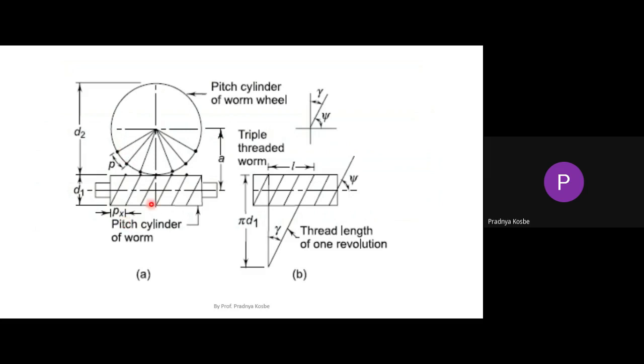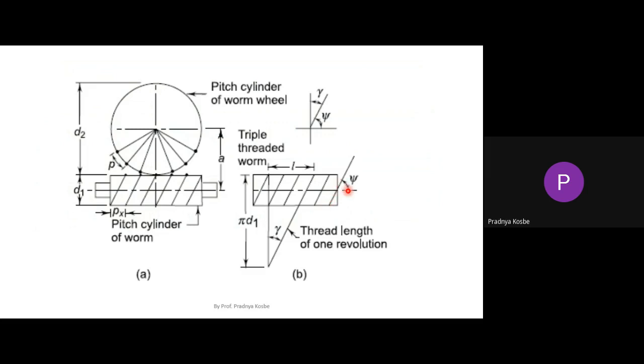In this figure, this is the worm and this is the worm wheel, where D1 is the pitch circle diameter of the worm, D2 is the pitch circle diameter of the worm wheel. Then this is the inclination of the helix.